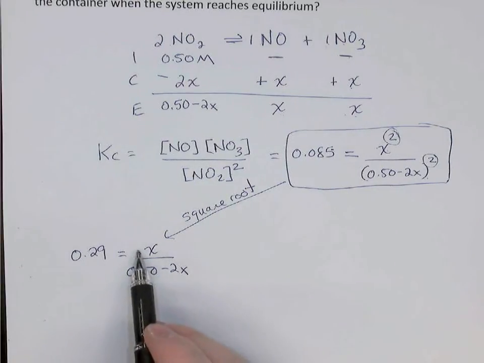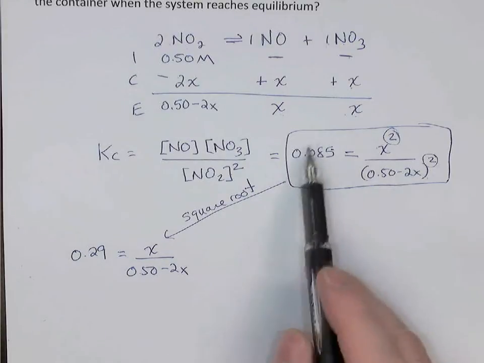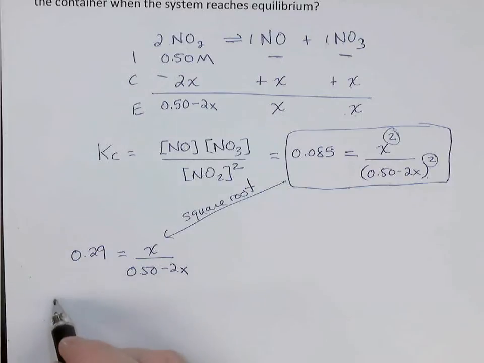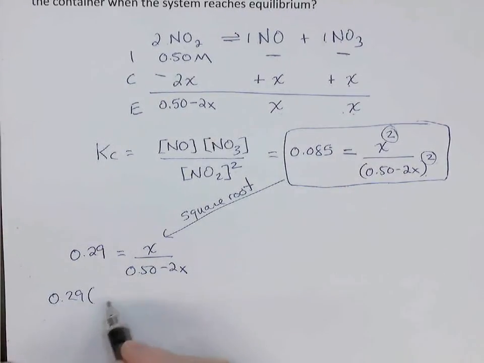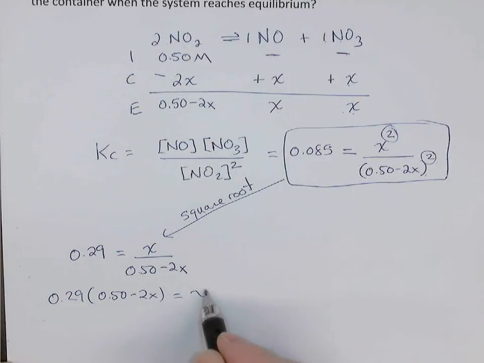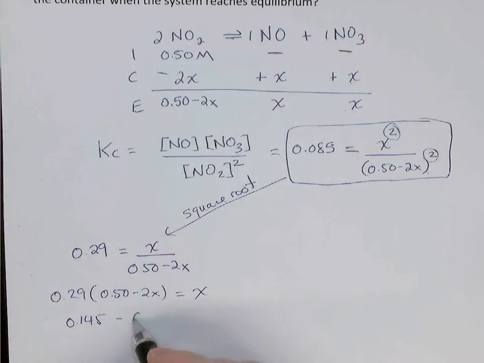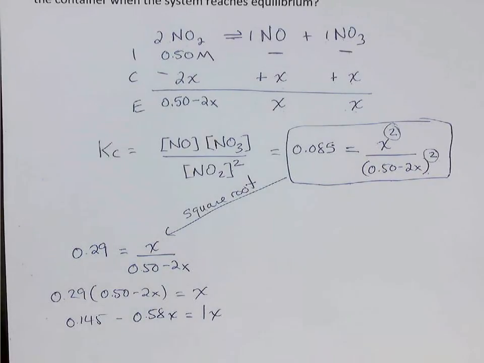So now by square rooting, we've changed our equation from essentially a quadratic equation that we had up there into a linear equation. So 0.29 multiplied by the denominator will equal the numerator. And now multiplying through the brackets, 0.29 times 0.5 is 0.145. Take away 0.29 times 2, 0.58 x's equals 1x.